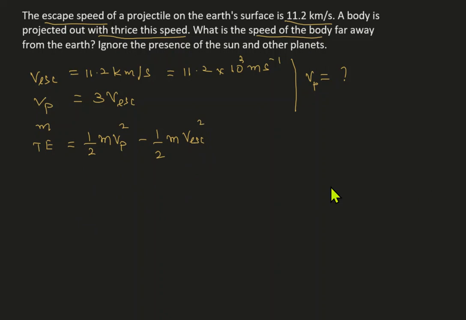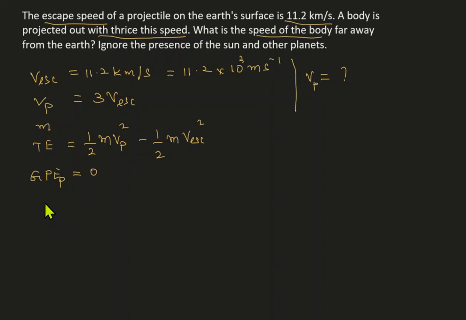So the gravitational potential energy of the projectile, it is far away from the Earth, so it is 0, right?